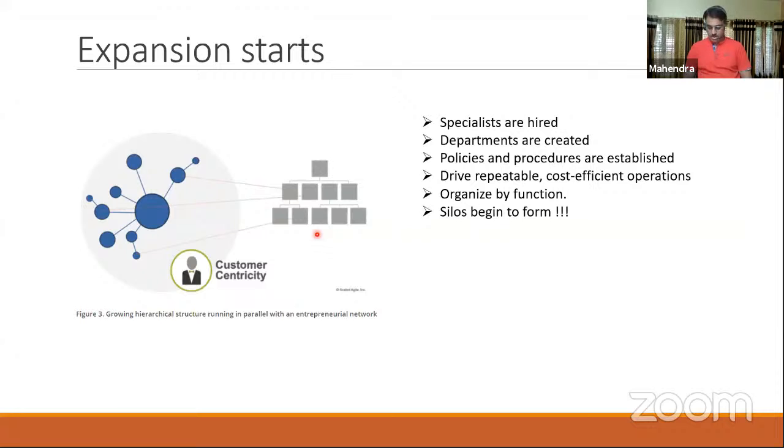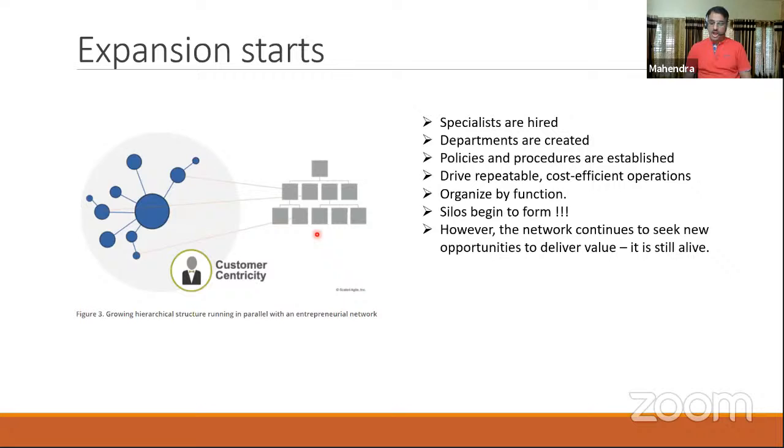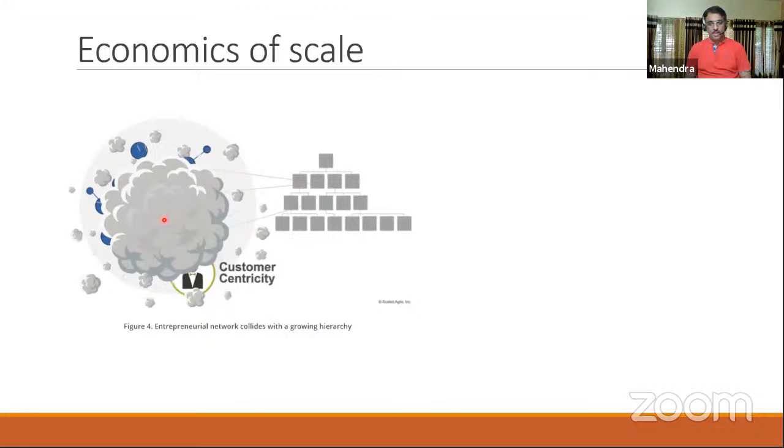And this is where the problem starts; silos begin to form. However, the network is still active, so there's a focus on new opportunities and delivering value. The startup culture is still not lost completely.